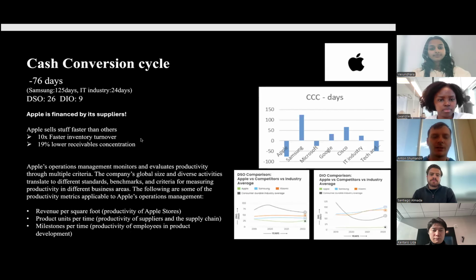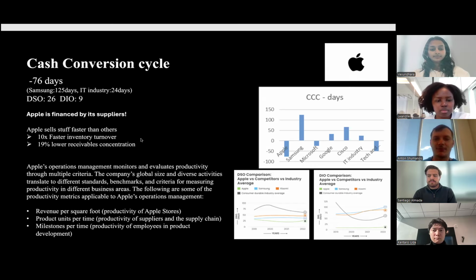Hello, I would like to talk a little bit about financial ratios, more specifically, the cash conversion cycle, which illustrates the production efficiency of the company. This is a financial metric which shows how much cash has been invested in operations and the return of this cash and how fast the products sell.